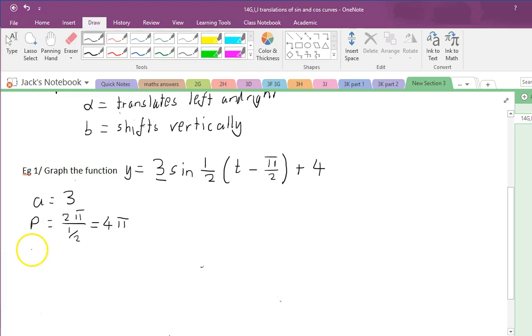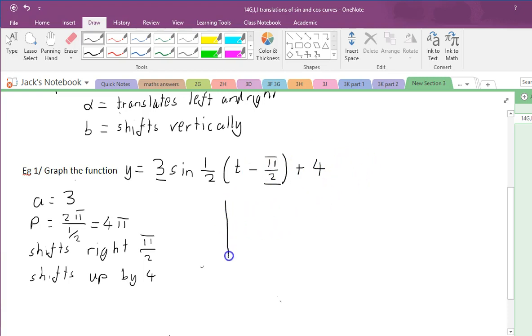We know it shifts to the right, so positive pi on 2, by pi on 2, and shifts up by 4.